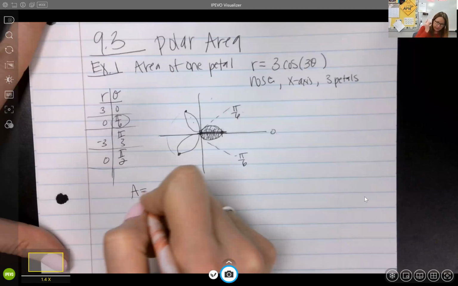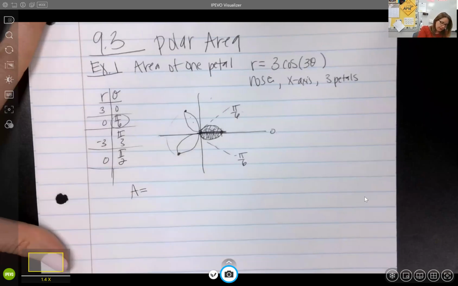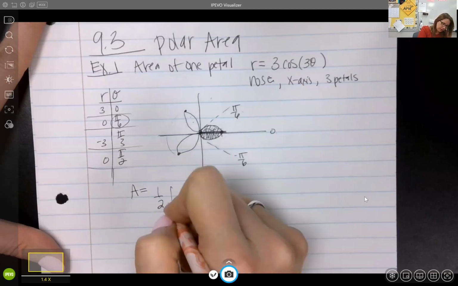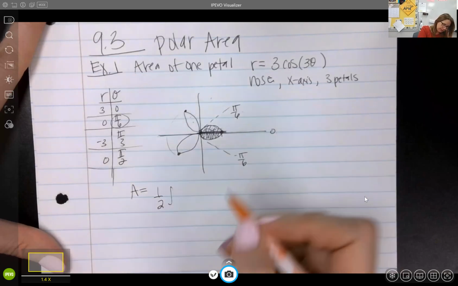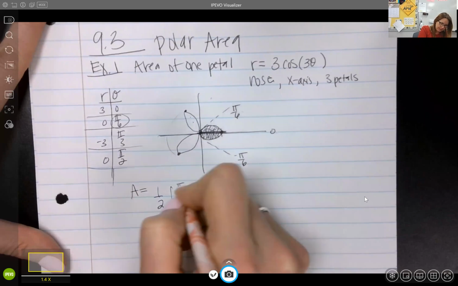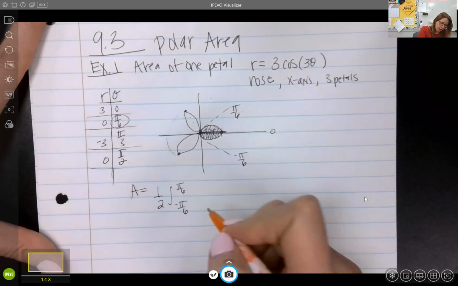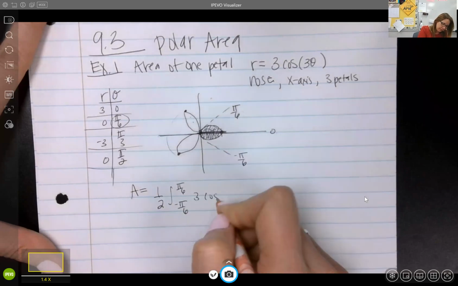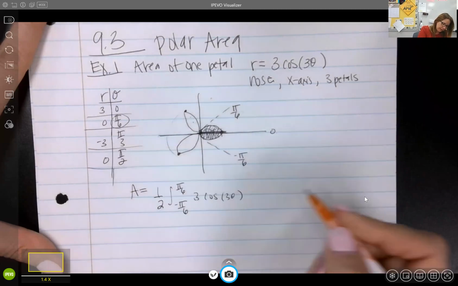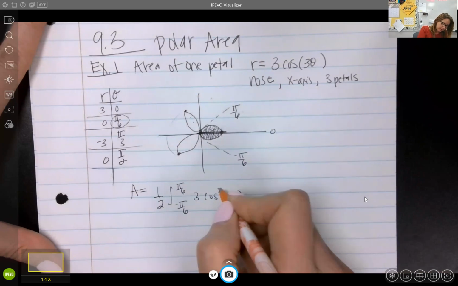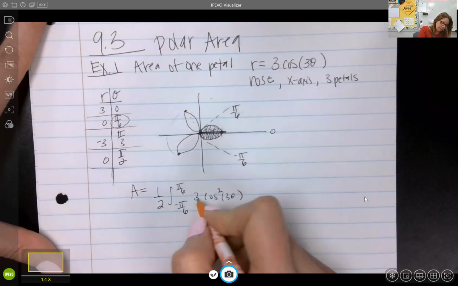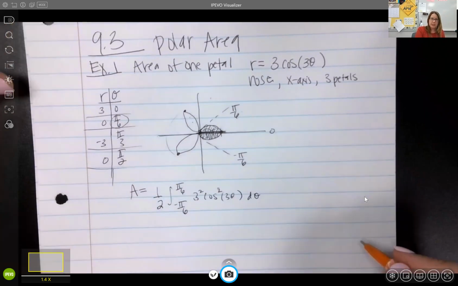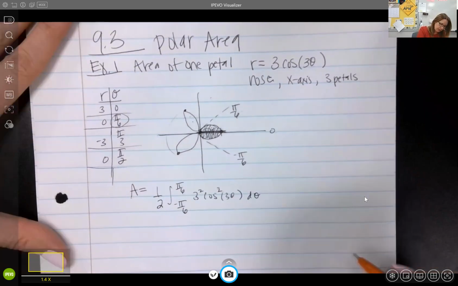So our area formula for polar area is 1/2, and then the integral from our two angles, so negative pi/6 to positive pi/6. And then r, we already know, is 3 cosine of 3 theta, but r is going to be squared, which means this is also going to be squared. Okay, so you could write it like that, or you can put it all in parentheses, whichever way you prefer.